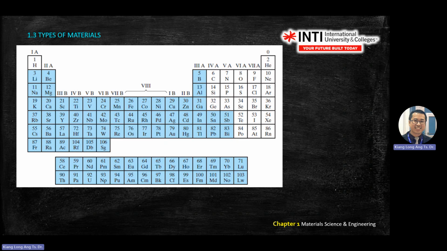Family 8 has very stable elements. In column 1, the general understanding is that you have an extra electron outside, which means there is an extra electron to share. It can throw away 1 electron. If you have family 2, then you have 2 electrons to throw away, and so on.